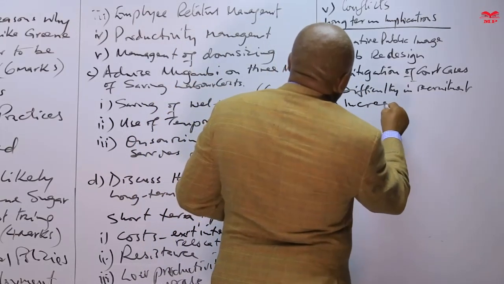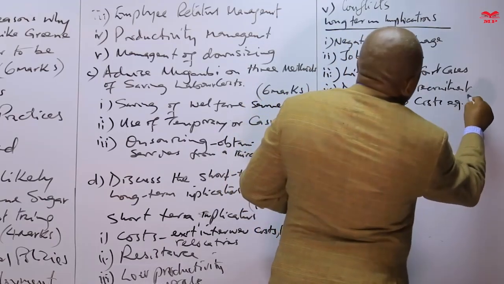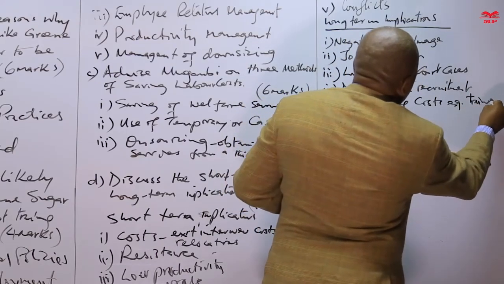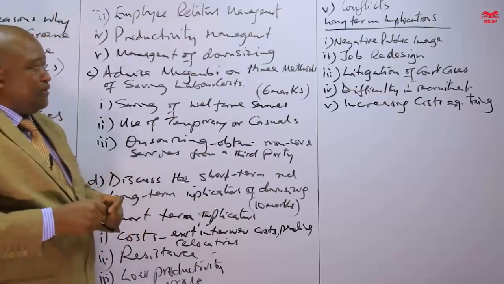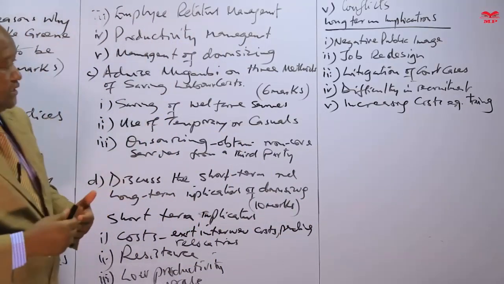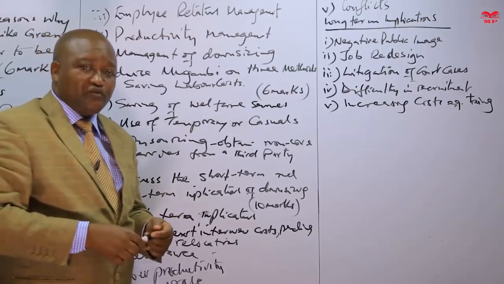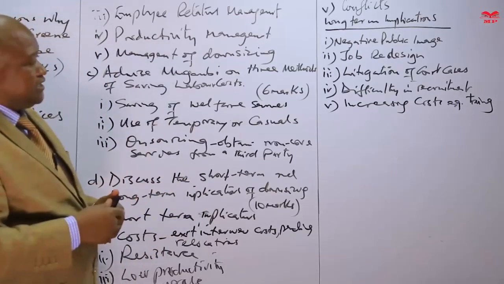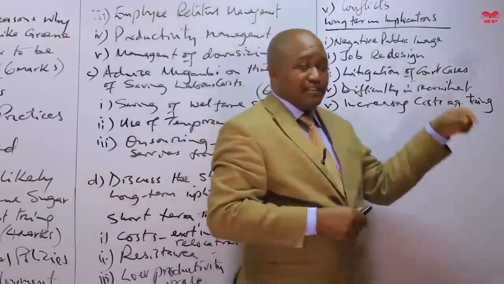Then finally, increasing costs, e.g. training. What this implies is that in the long run, an organization may have to recruit workers, redesignate workers, and these workers may require orientation training. Once this orientation training is done, that may increase the costs that an organization has.